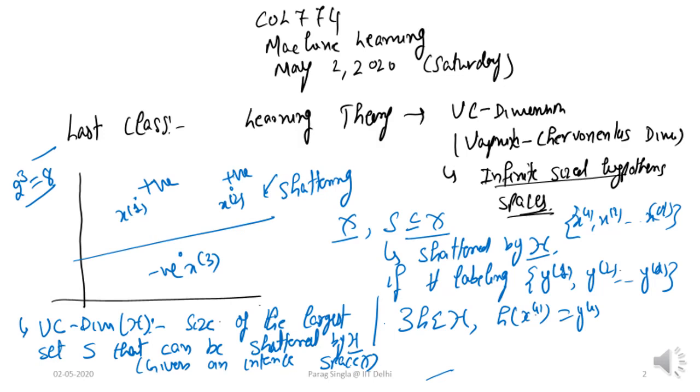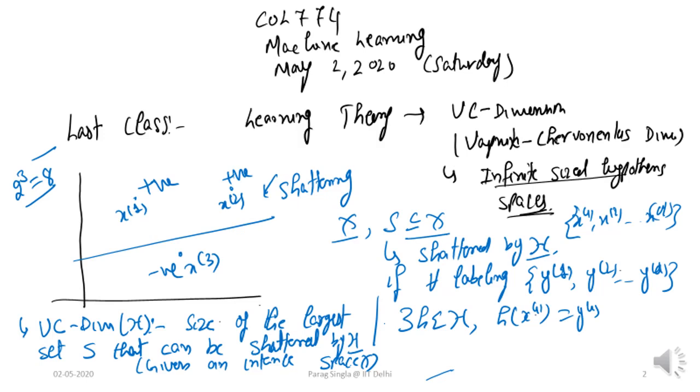Let me revisit the examples that we considered last time. This is with respect to shattering, a concept that we introduced. Shattering is defined given an instance space X and a set of points S which belong to that instance space.